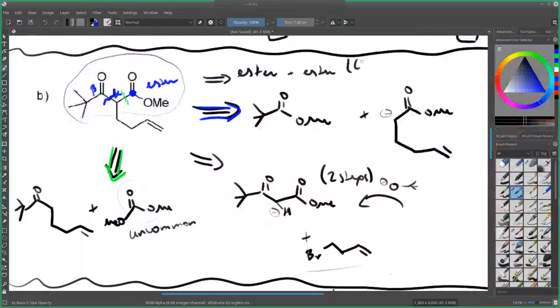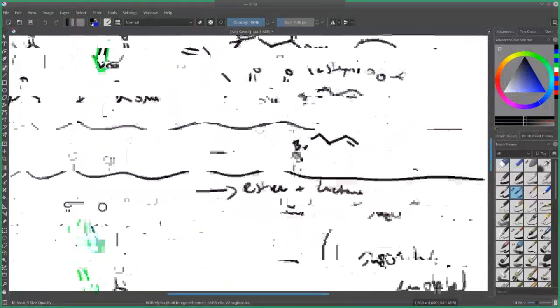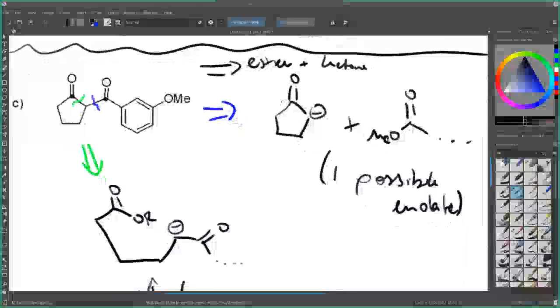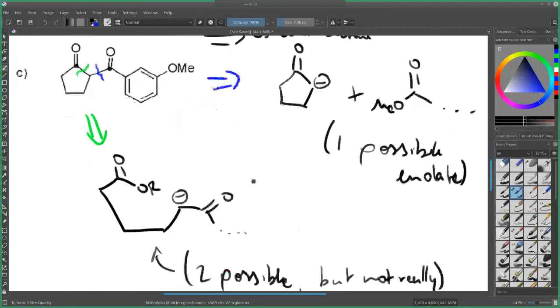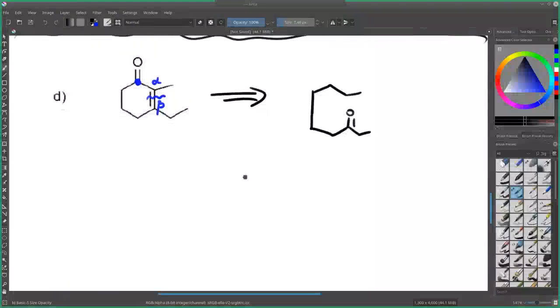And this one up here was Claisen, whereas this one down at the bottom is not Claisen, I guess. It's just unnamed. It's an ester plus a ketone, so a condensation of an ester with a ketone, I guess. Okay, thanks for asking. Yeah, I was being unclear. That one's on me. Okay.